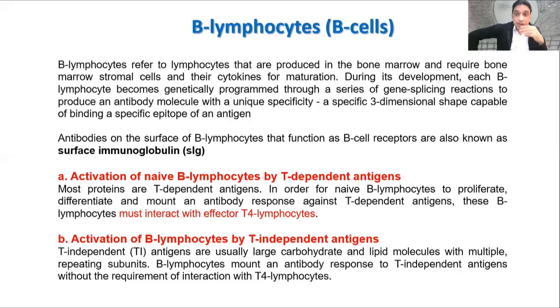When beta cells are produced, they are designed to do several jobs, including releasing certain cytokines. They can communicate, they can talk with the other cells as well. They are genetically programmed, with the help of gene splicing, to produce different types of antibodies. They can create so many different varieties of antibodies.